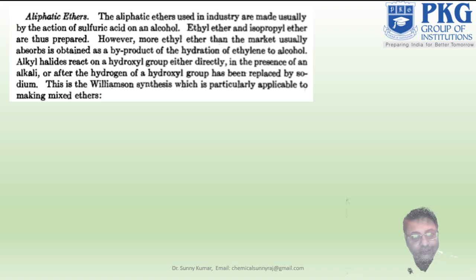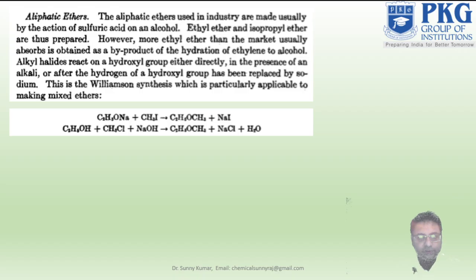Alkyl halides react on the hydroxyl group either directly or in the presence of alkali, or after the hydrogen of a hydroxyl group has been replaced by sodium. This is the Williamson synthesis, which is particularly applicable to making mixed ethers.